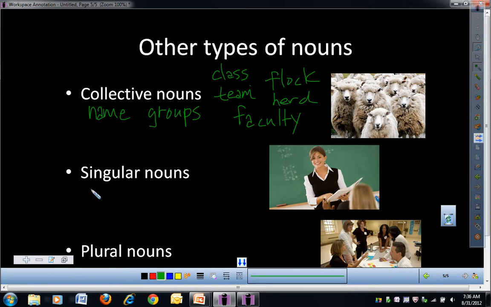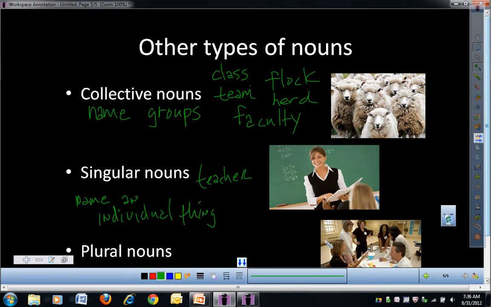The next thing has to do with plural and singular. We have one teacher here, so we would say teacher, without the S, so one names an individual thing.